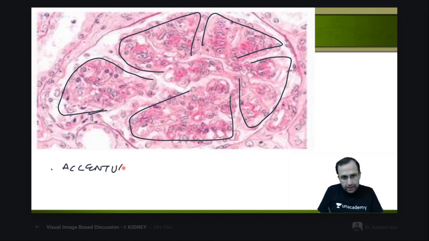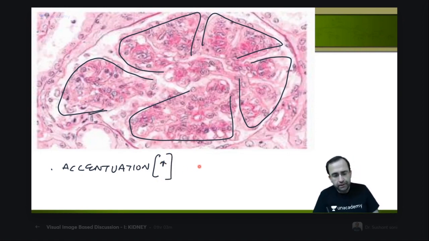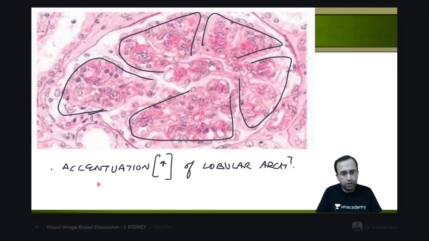Accentuation means increase. The accentuation of lobular architecture is a feature of MPGN, membranoproliferative glomerulonephritis.